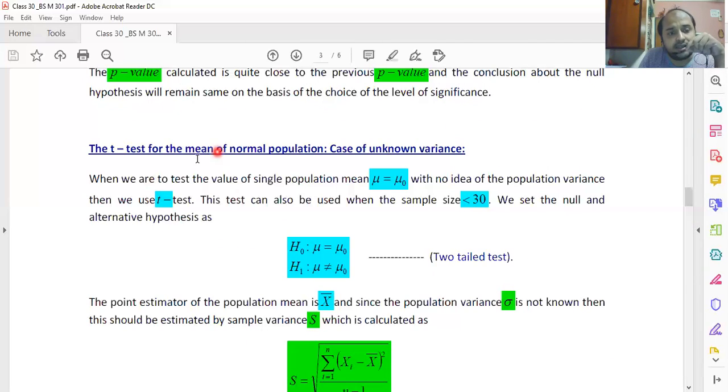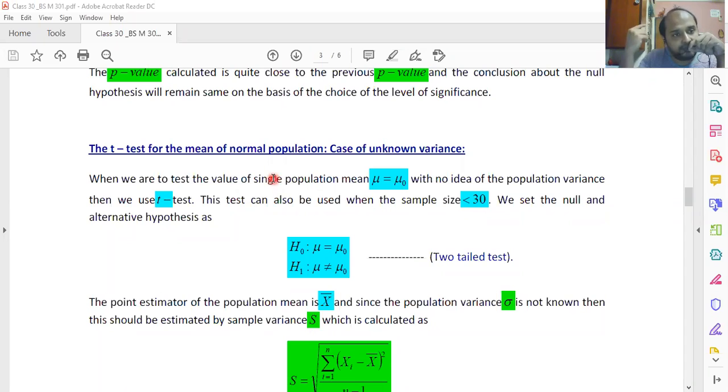Here the situation talks about testing the mean of a normal population, but if you remember, the mean of a normal population has already been tested earlier. But in that case, the sample size was large. Here I'm talking about the small sample. So make a note that there are two situations. One, if the sample size is less than 30, you can take the help of the t-test to do this kind of testing.